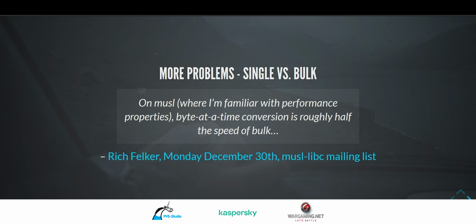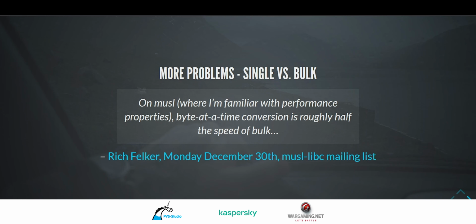And this is not a new concept. For example, with the Musl library, Rich Felker, who is one of Musl's maintainers, creators, caretakers, and is available on GitHub Sponsors if you want to sponsor him and his work on Musl, knows that doing a byte at a time conversion is roughly half the speed of bulk.